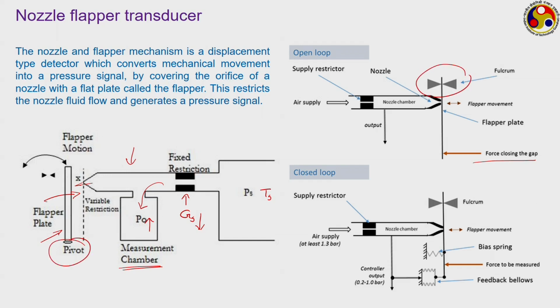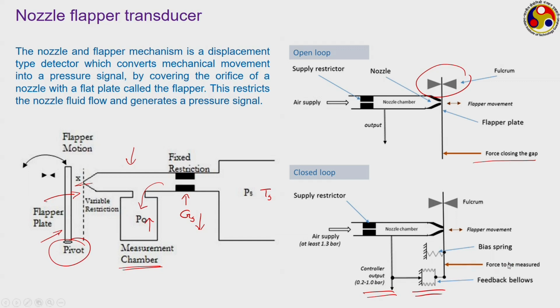So, the opening at the extreme position of this nozzle chamber keeps on changing, whereas the other can be a closed loop, where we actually have a nozzle controller here, which is also related to the flapper by some kind of feedback bellows, etc. So, giving some kind of feedback action and a different way of measurement.